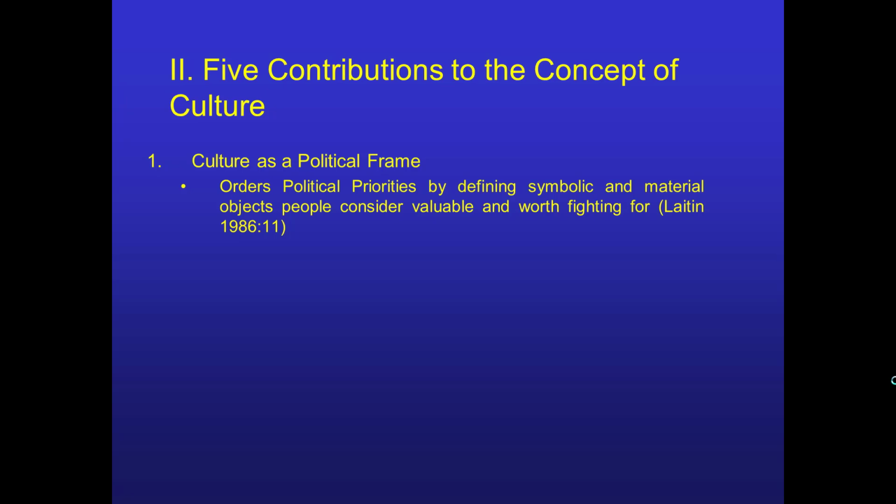In this sense, as a political frame, culture orders political priorities by defining symbolic and material objects people consider valuable, and here's the key, worth fighting for. This is taken directly from David Laitin, page 11. The key thing here is it defines and identifies the stuff that we consider worth fighting for, worth defending, worth preserving, worth upholding.